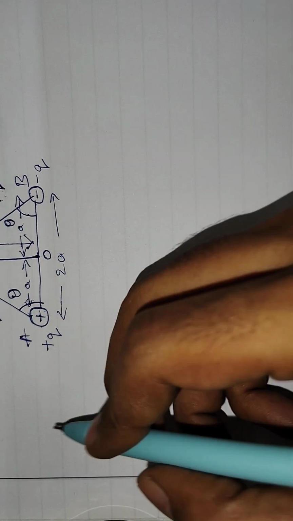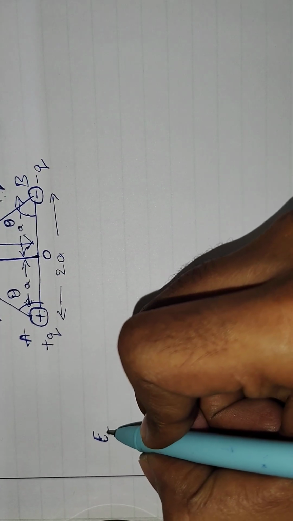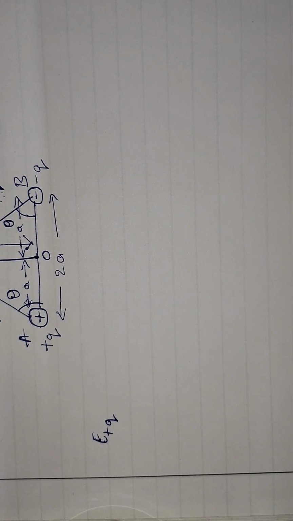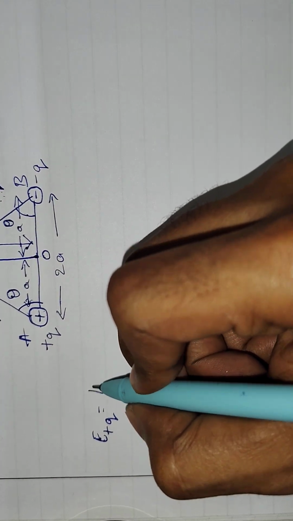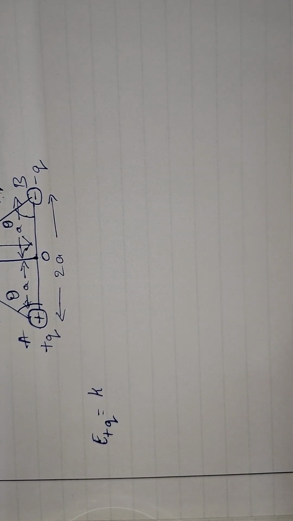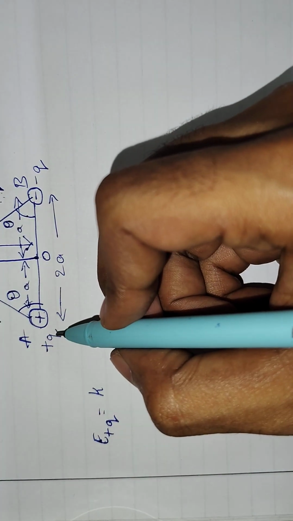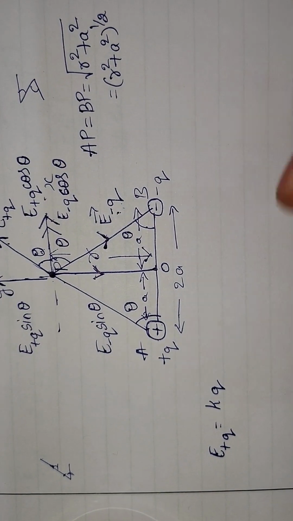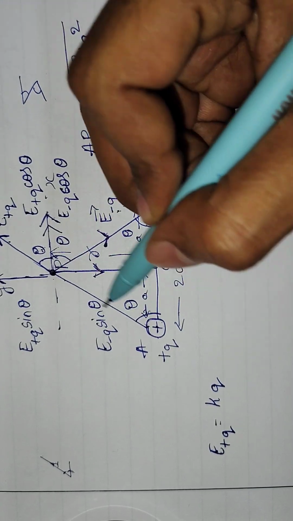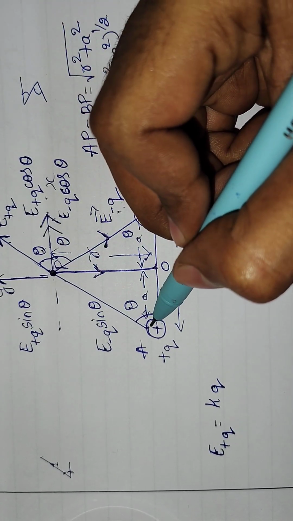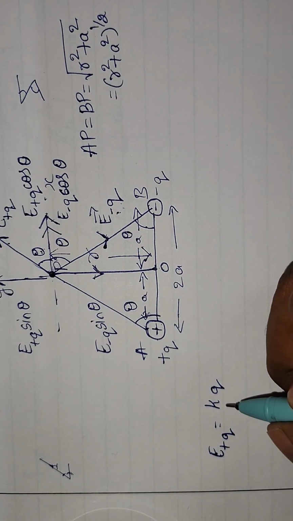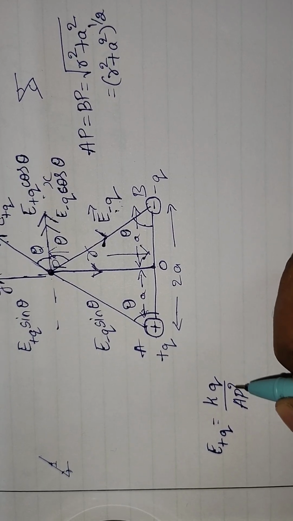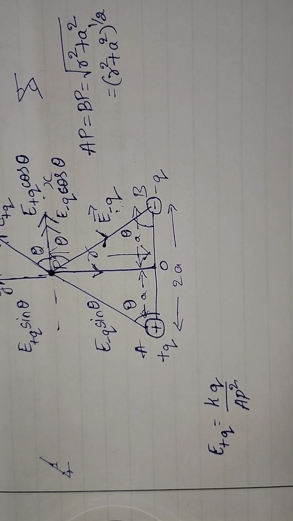Okay, now tell me the magnitude of electric field due to plus q. It is equal to k, which is nothing but your 1 by 4 pi epsilon naught. The magnitude of positive charge is plus q, kq. Now look at the diagram. What is this distance between the point you are considering and the positive charge? It is this AP, kq by AP square, right?